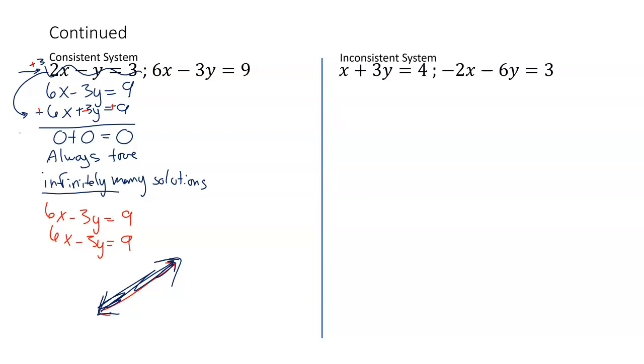But it's not all real numbers. It's only the points that are on that line. So if I asked you if this point over here is a solution to that system, it's not, because it's not on that line. So it's not all real numbers. I can't just pick any 2 points in the solution. But I can pick any of the infinite points on that line, and it is a solution.